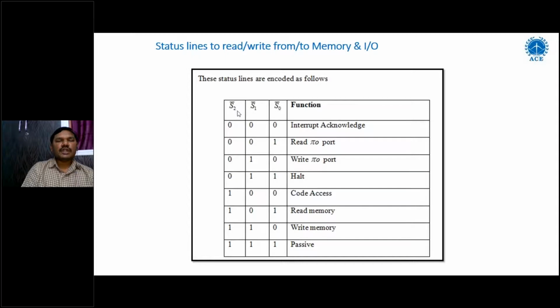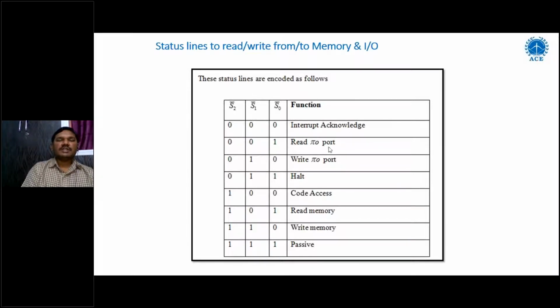S0, S1 and S2, these 3 pins are a 3-bit combination, so I can take 8 combinations. If they are 000, then interrupt acknowledgement, because to move into multiprocessor mode to operate multitasking operations, I need interrupt.